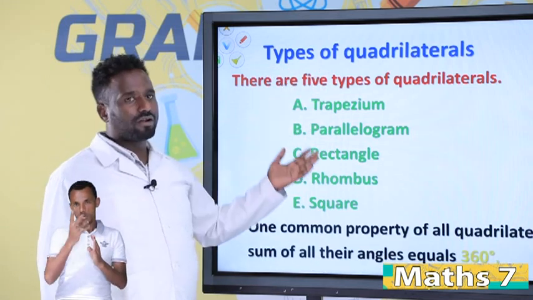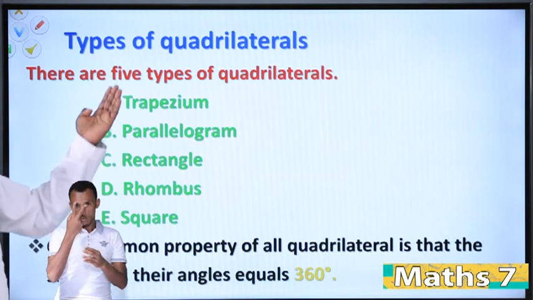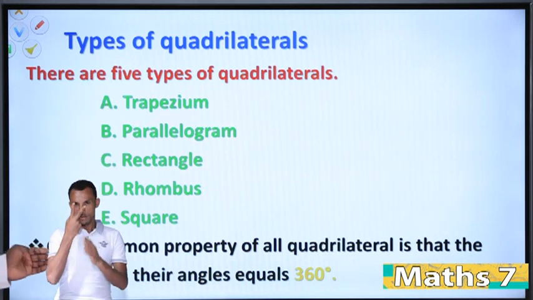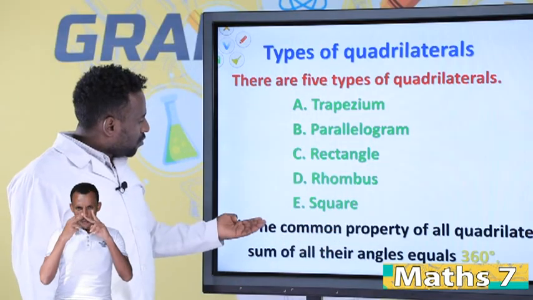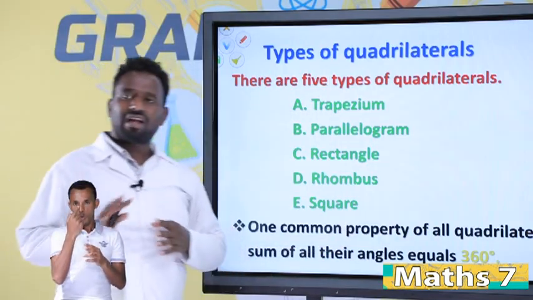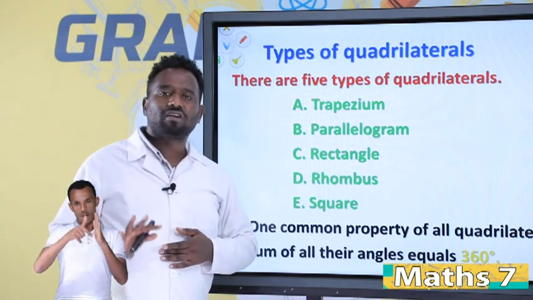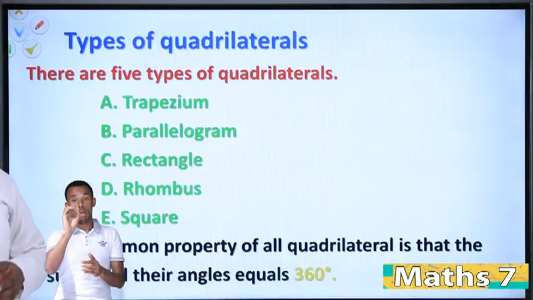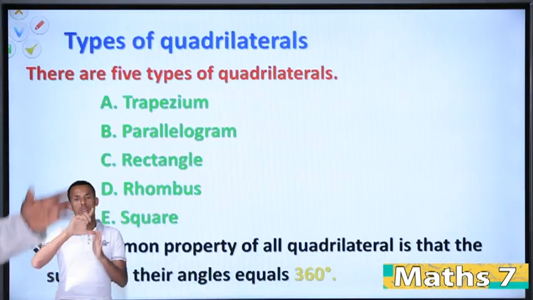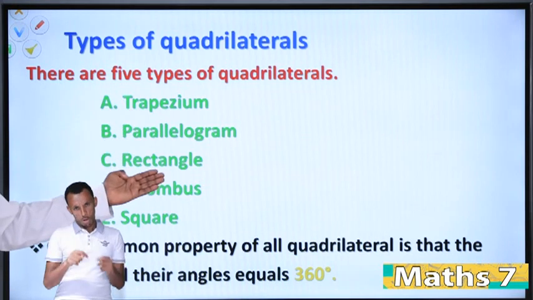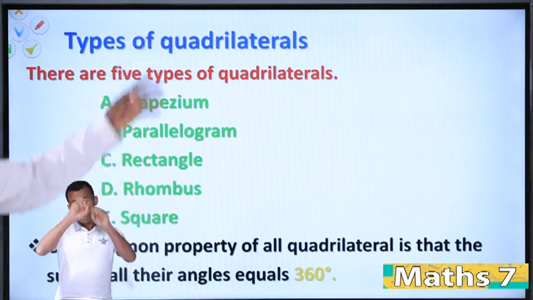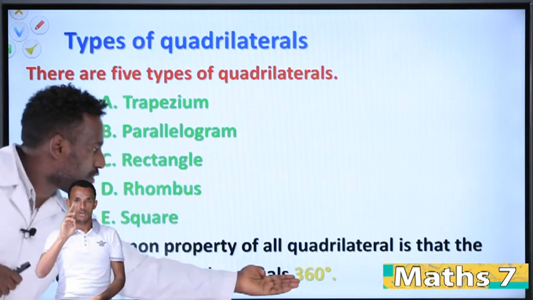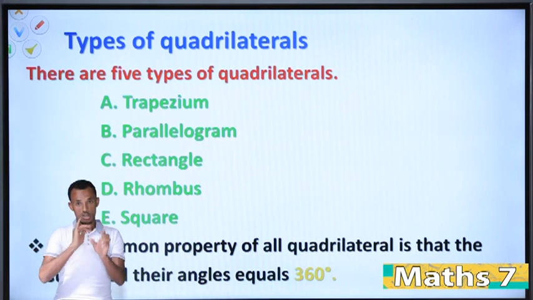Before we go to the different types of quadrilateral, let's see one common property of all quadrilaterals: the sum of all their interior angles is equal to 360 degrees. Whether trapezium, parallelogram, rectangle, rhombus or square, the sum of all four interior angles is 360 degrees.